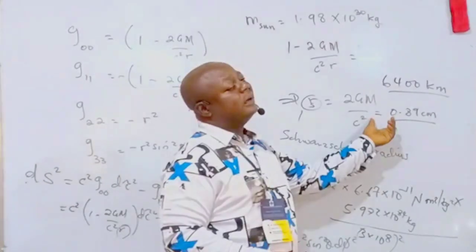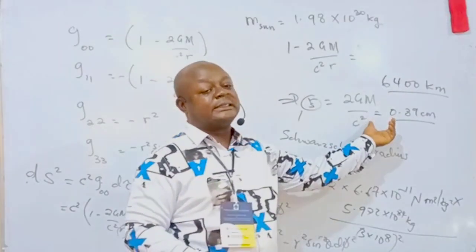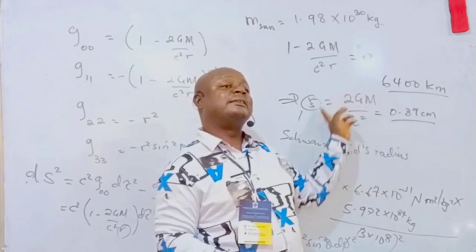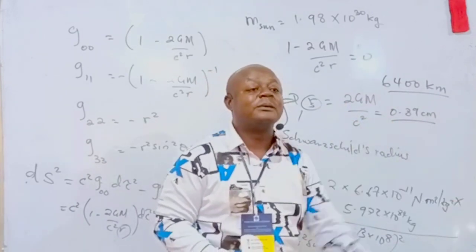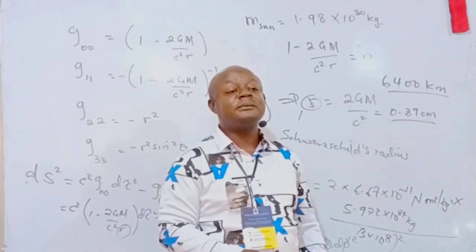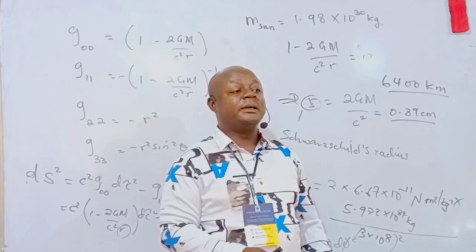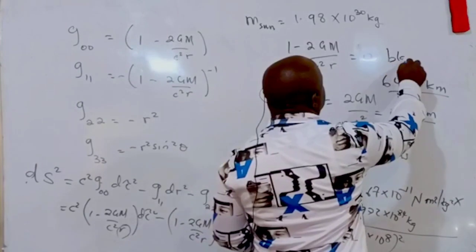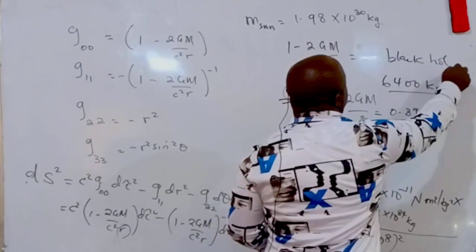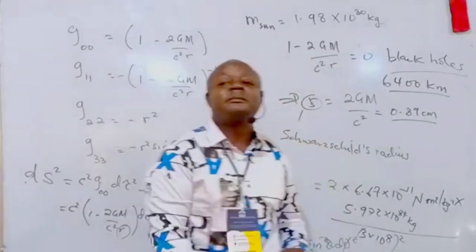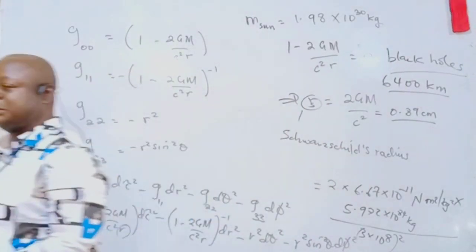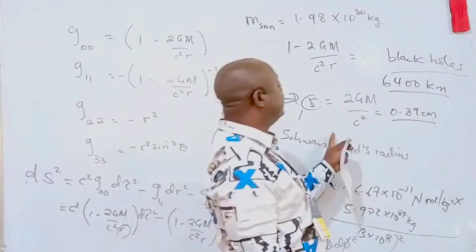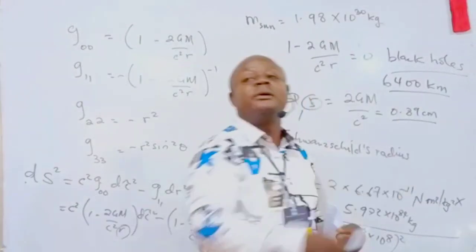But there are some astronomical bodies whose Schwarzschild radius is exterior to the body. Such bodies we call black holes: bodies that have their Schwarzschild radius exterior to the body.